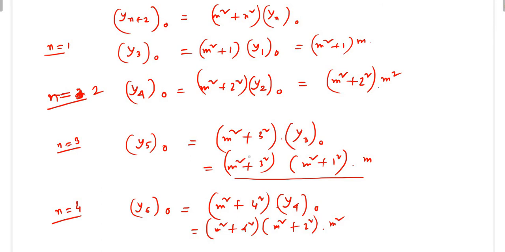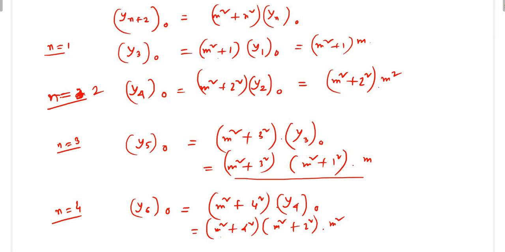Look at the expression. Whenever it is odd, y3 will contain m square plus 1 into m. Whenever it is even, y6 contains all the even terms: m square plus 4 square into m square plus 2 square into m square.